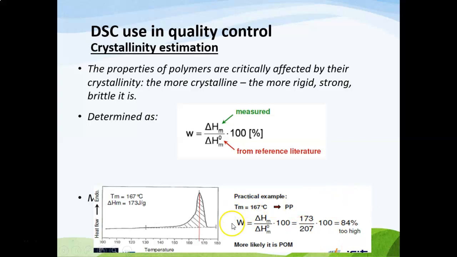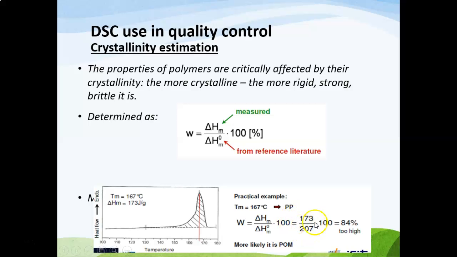Okay, in this example, we can see that the Tm we got here is 167, and the delta Hm, which is the area below the curve, is 173. According to the result for a 100% crystalline polymer from the reference literature, we got a value of 207.